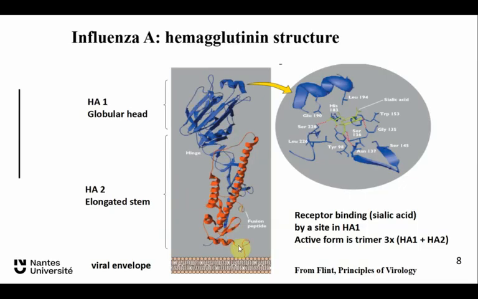So you've got one alpha helix comes up here, and then as you follow the strand round here, it goes back down. And then at the end you've got this fusion peptide, which is over here, which is kind of buried down at the base of the stem.